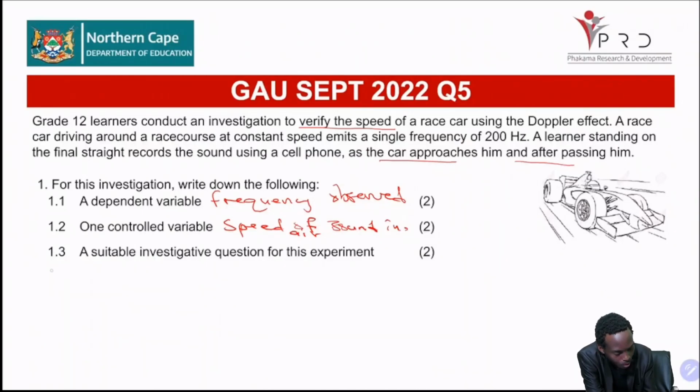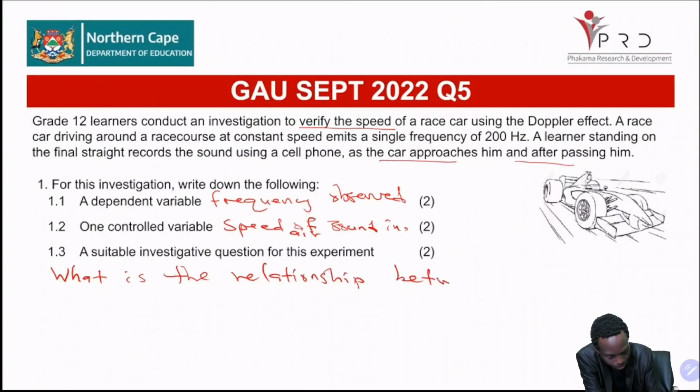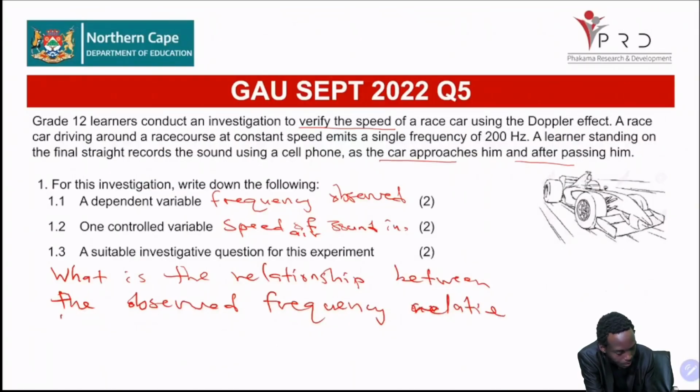So our investigative question can ask, what is the relationship between the observed frequency, which is the frequency that we observe, relative to the speed of the car, vehicle, or race car?